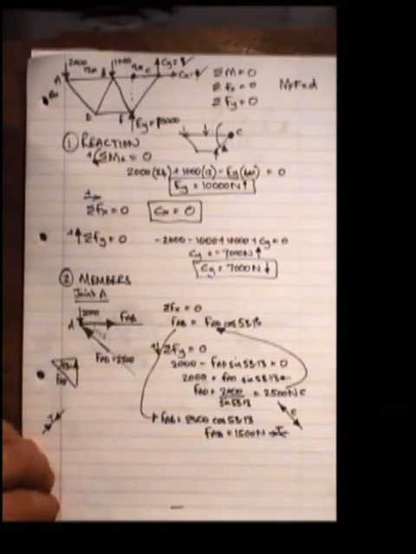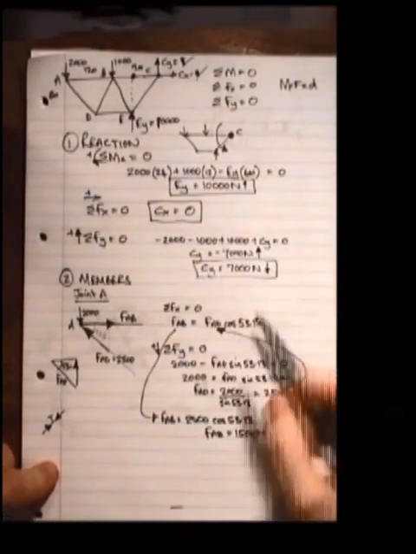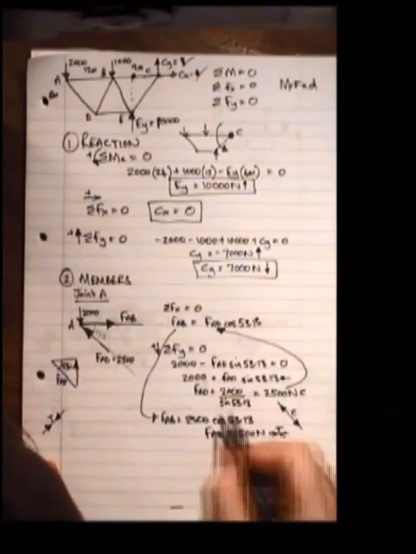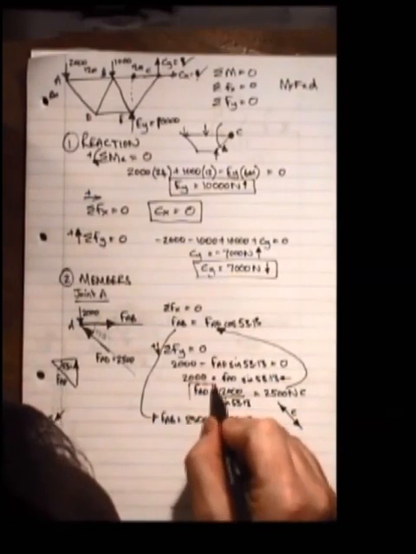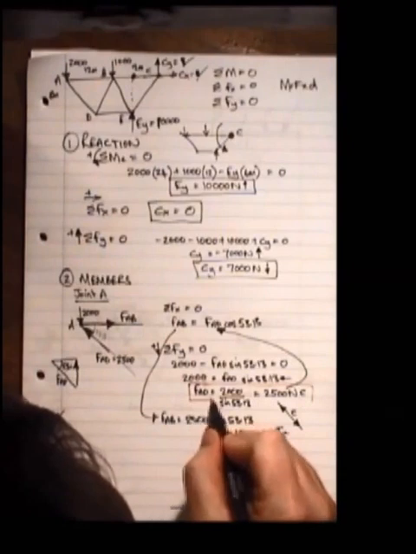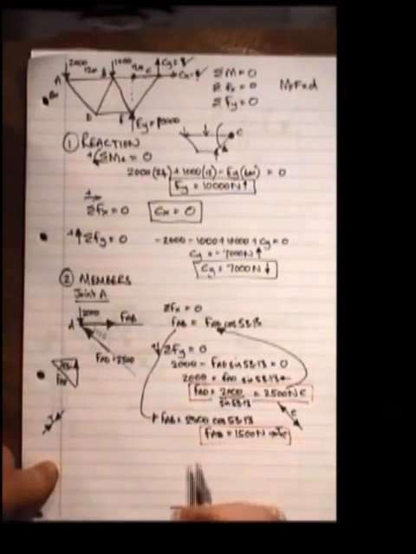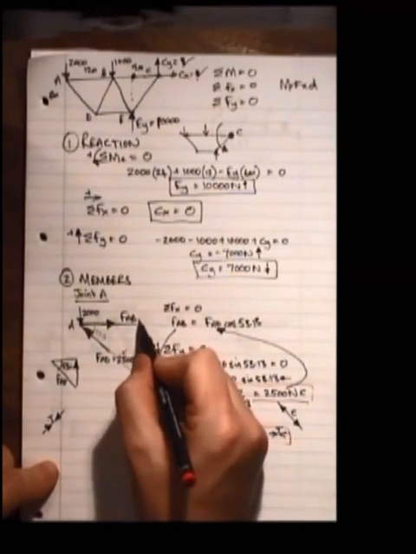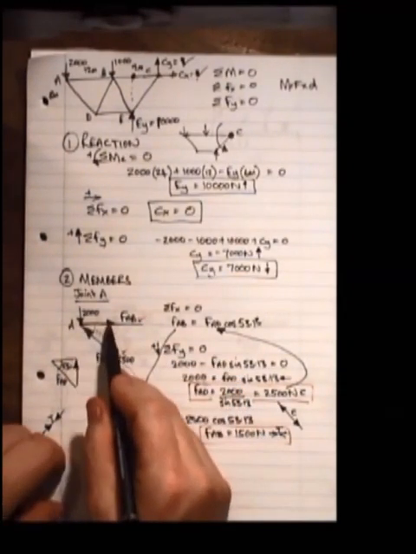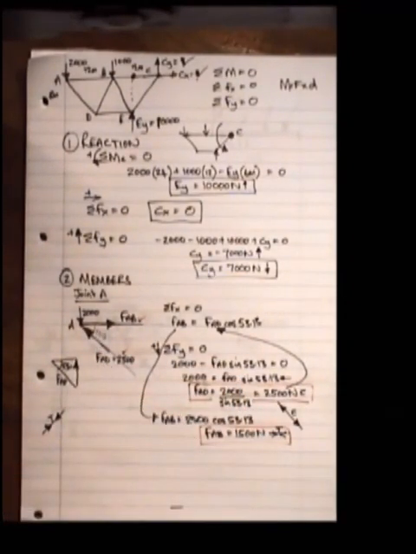Okay, so far we've got our reactions, just worked out what FAD is, just worked out what FAB is, so we know what both of them are. So we've worked out the forces in those two members.